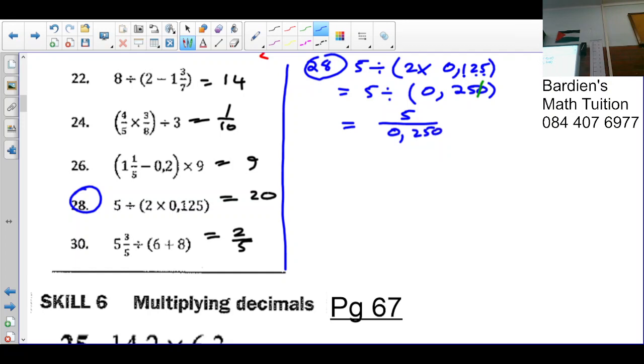So how did you divide by 5? Oh, you say 5 goes into both. The mistake that I made was that I did 0.250 divided by 5 instead of 5 divided by 5.